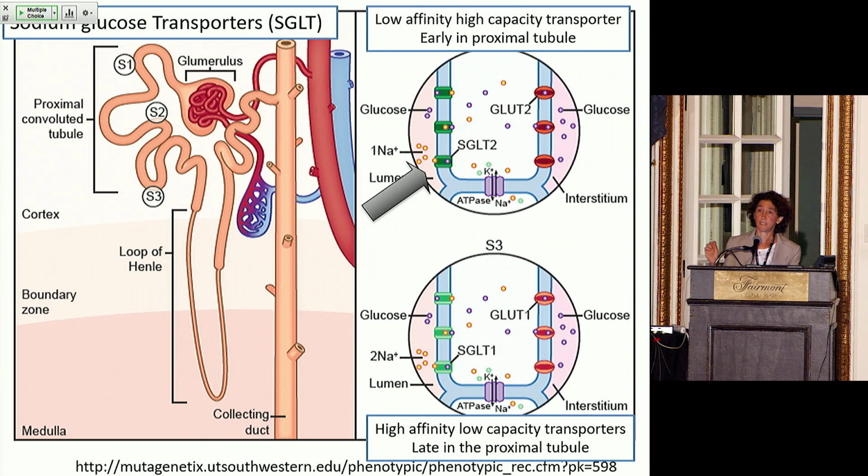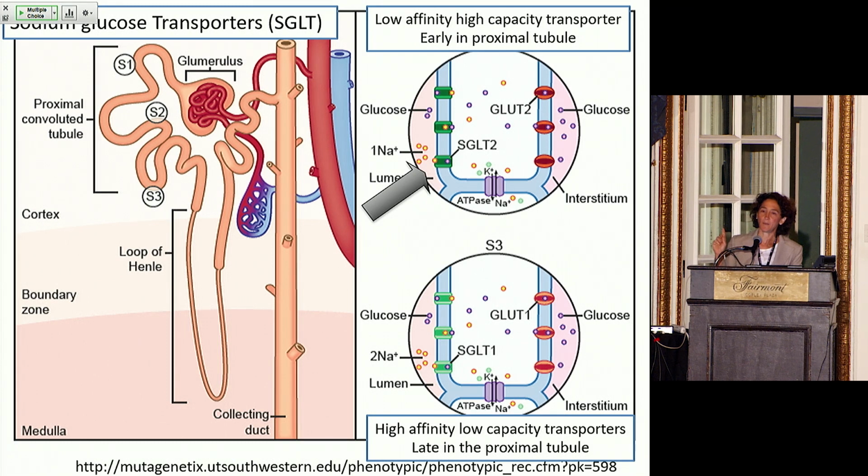So here's the idea that with an increase, I'm like sort of looking off into the horizon when I imagine this, because I'm not sure I buy into it, but this is what has been said, that because of the increased delivery of sodium and glucose, then that will sort of trigger the tubular glomerular feedback I mentioned earlier.